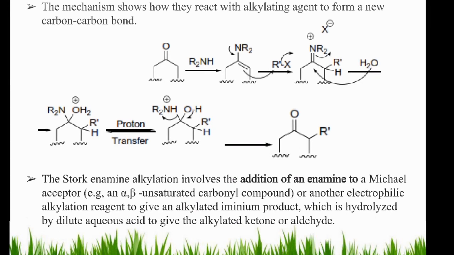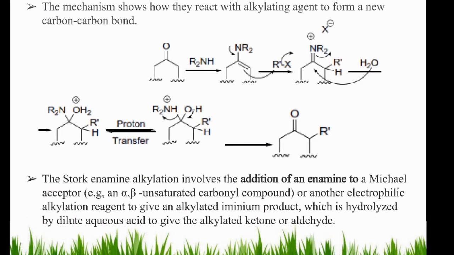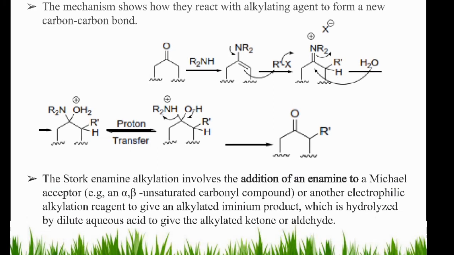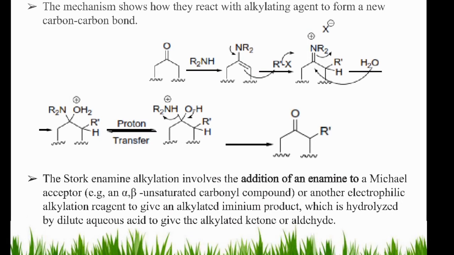So alpha beta unsaturated carbonyl compound, or another electrophilic alkylation reagent like RX, that is alkyl halide, to give an alkylated iminium product. So the Stork enamine reaction operates through a stable iminium product which is hydrolyzed by dilute aqueous acid to give the alkylated ketone or aldehyde.